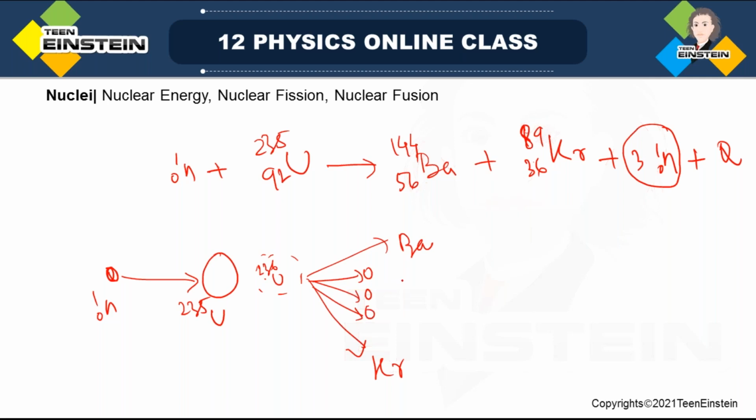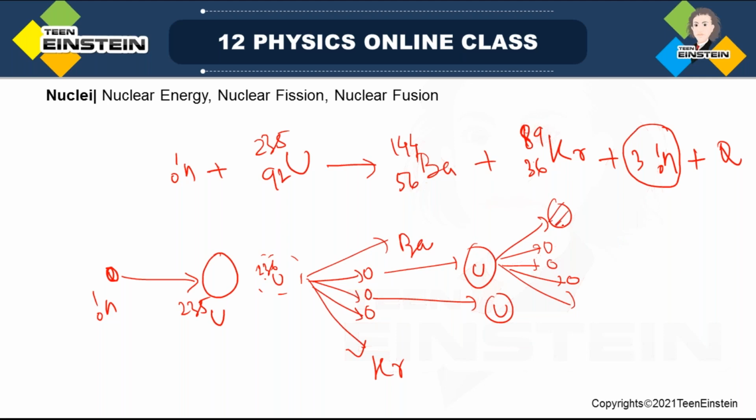These 3 neutrons will individually bombard other uranium nuclei, and similar things repeat here. Each will again produce 3 neutrons along with a reaction product.